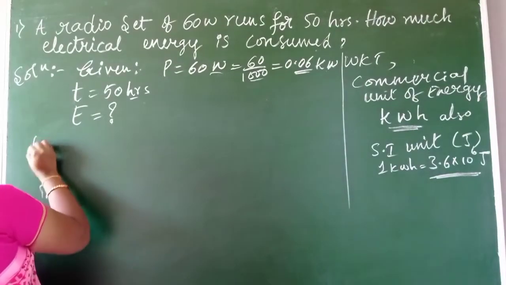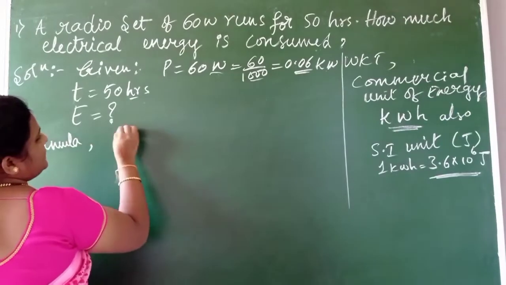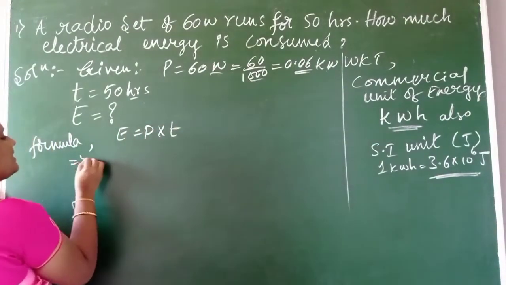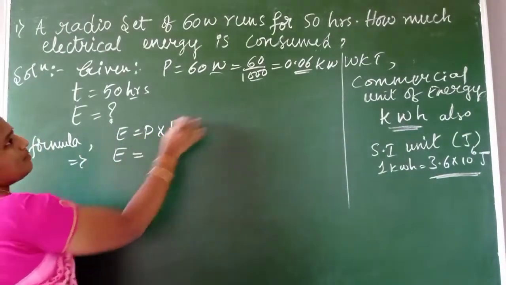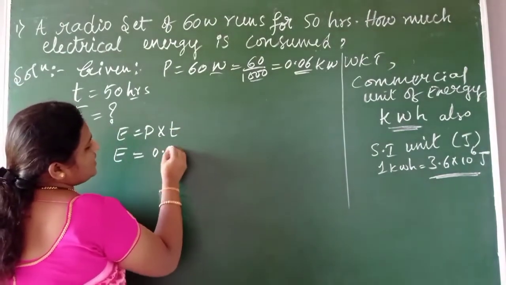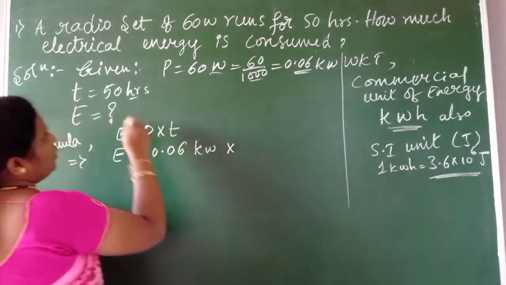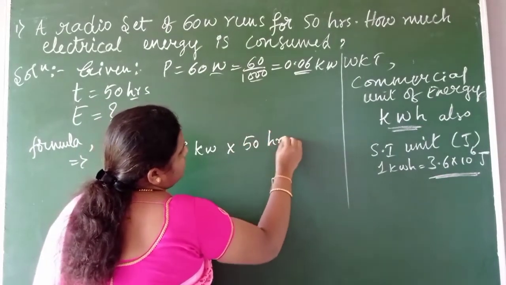Now we will use the formula E is equal to P into T. This implies E is the same. What is the P value? 0.06 kilowatts into, what is the time value? 50 hours.